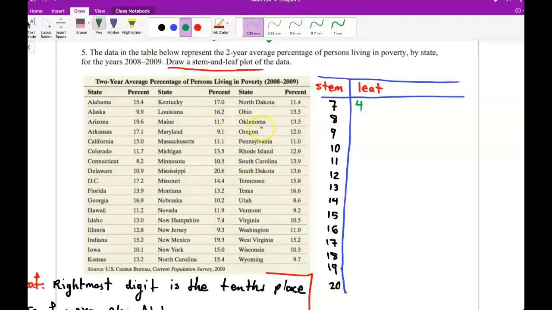Then we have 8. We have 8.2 and 8.6, so we have 2 and 6 as the rightmost digits.